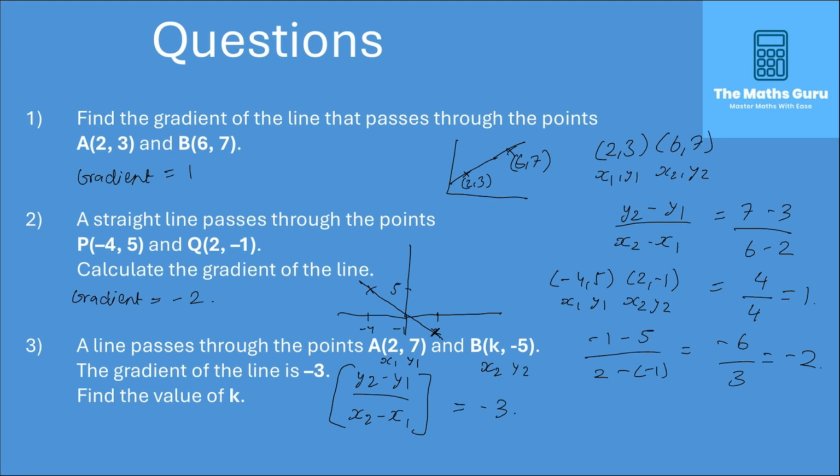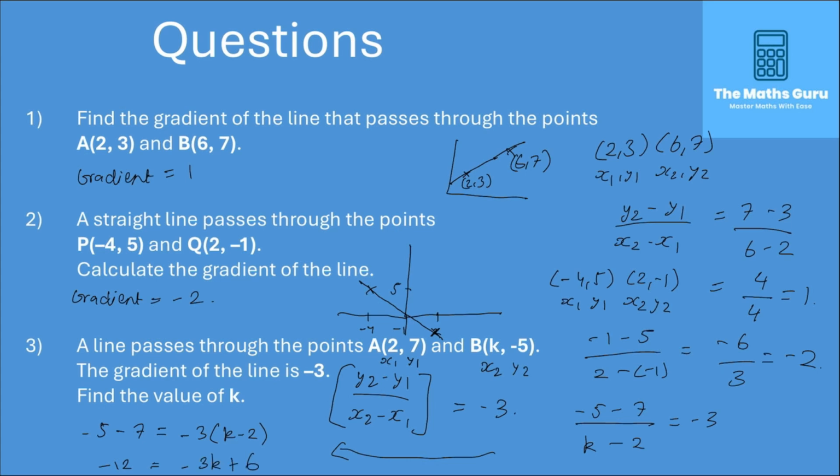So let's fill in what we do already know. -5 minus 7 over k minus 2 is equal to -3. Let's first multiply through by k minus 2 on both sides. We have -5 minus 7 is equal to -3 times k minus 2. Then this is equal to -12 is equal to -3k plus 6.